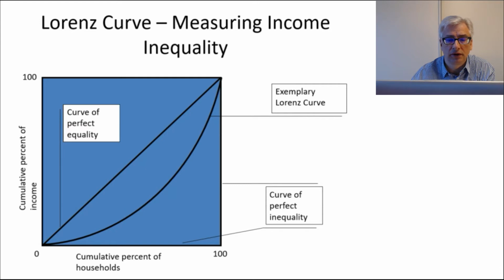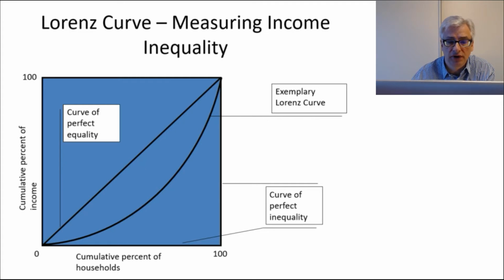Obviously, in real life, income distribution is neither perfectly equal nor perfectly unequal. So real life situations lie somewhere between those 2 curves, the straight line and this bent line: the curve of perfect equality and the curve of perfect inequality.